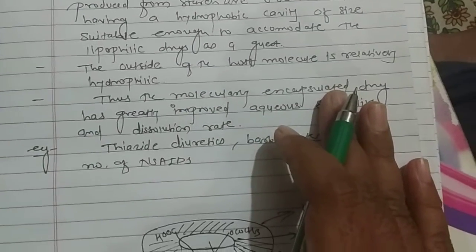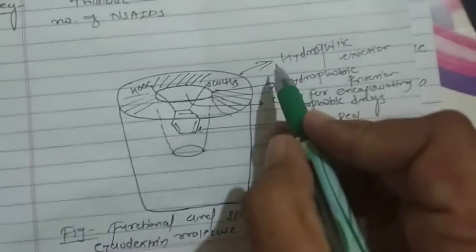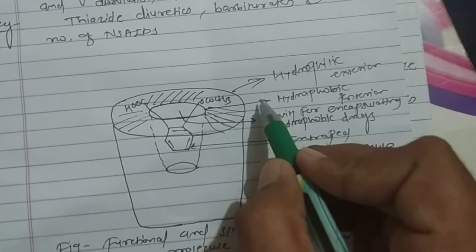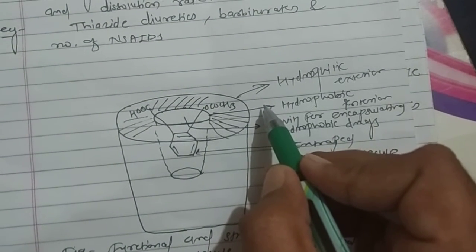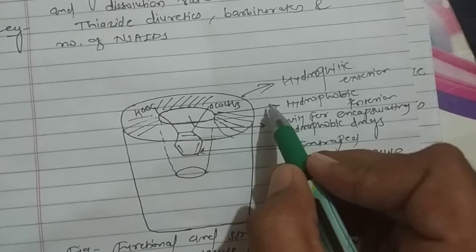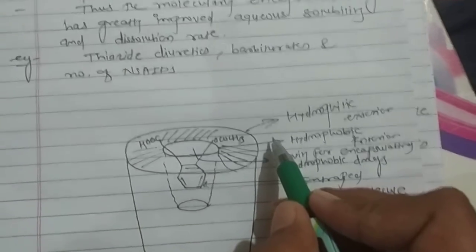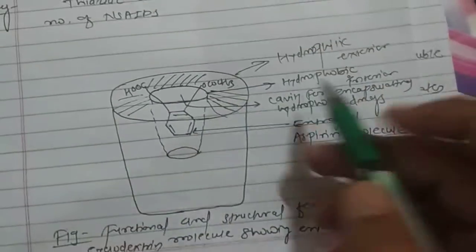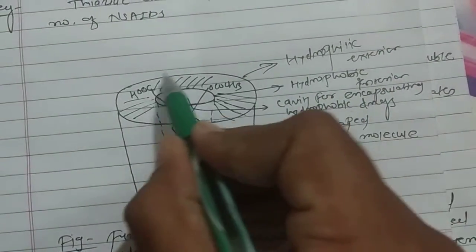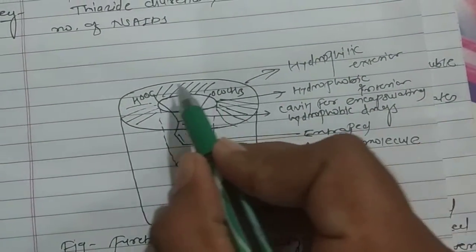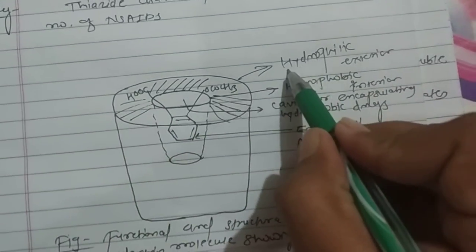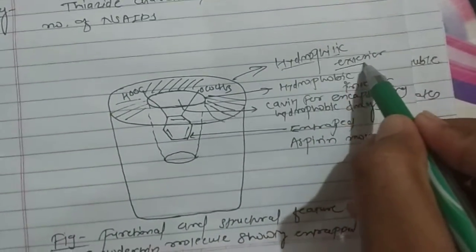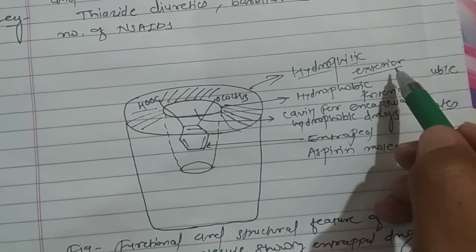So, here we can see by the figure or diagram. This is the molecular inclusion complex of aspirin drug by this cyclodextrin. We can see here clearly this is the outer surface of the cyclodextrin, which is a relatively hydrophilic exterior part, that is water soluble.